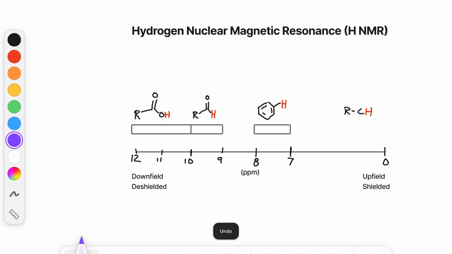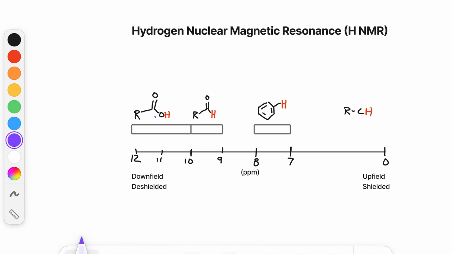Now, on the opposite side of the spectrum, we have a hydrogen attached to a carboxylic acid. This hydrogen is significantly de-shielded for a couple of reasons. One, there's resonance. The resonance makes it easier for the electrons to flow back and forth, so the electrons can switch positions.